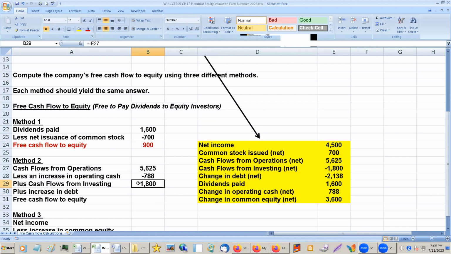Actually, that's plus increase in debt. That right? I don't think it's going to come out right. Hey, it does come out right. I can tell you why it does that.